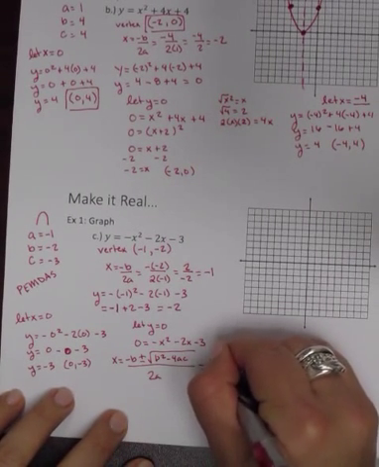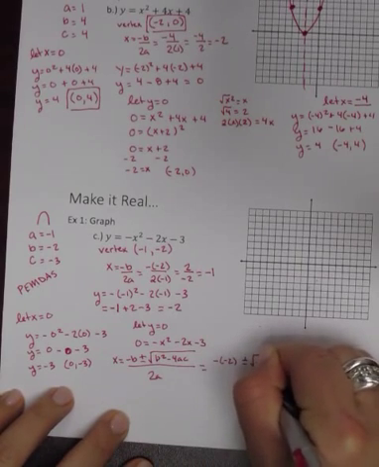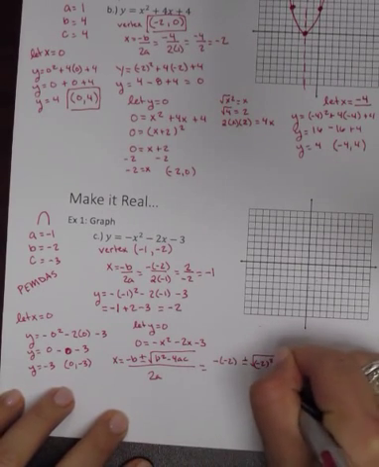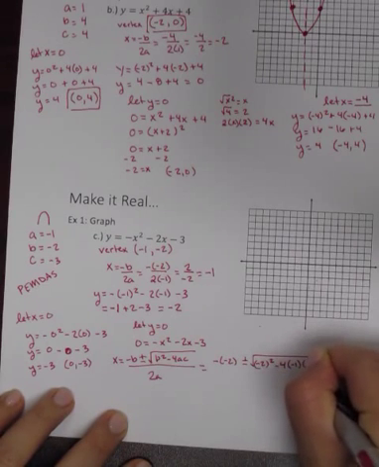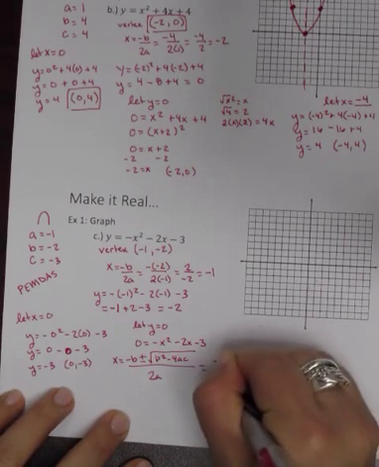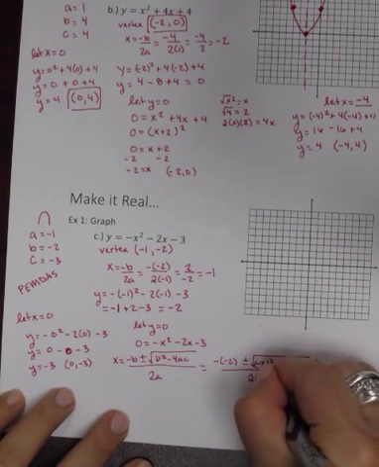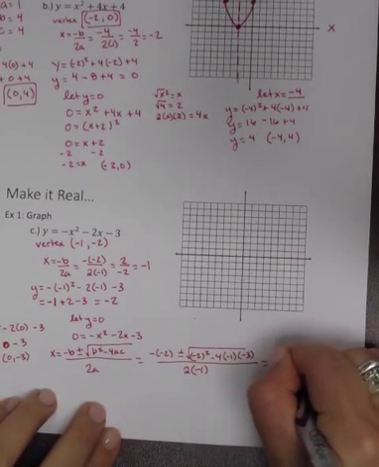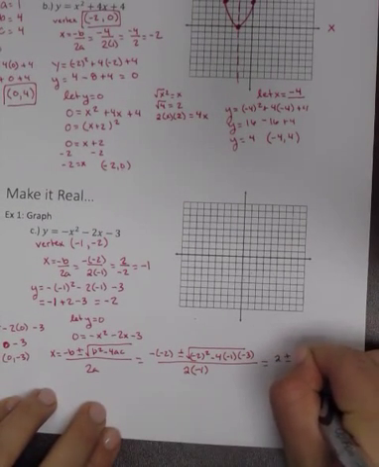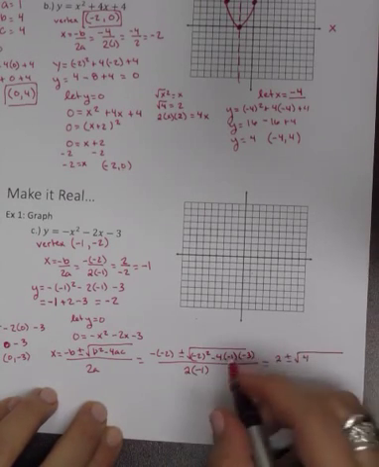So I've got negative 2 plus or minus the square root of negative 2 parentheses squared minus 4 times negative 1 times negative 3 all over 2 times negative 1. Okay, so if I clean this up, that's going to be 2 plus or minus the square root of 4.